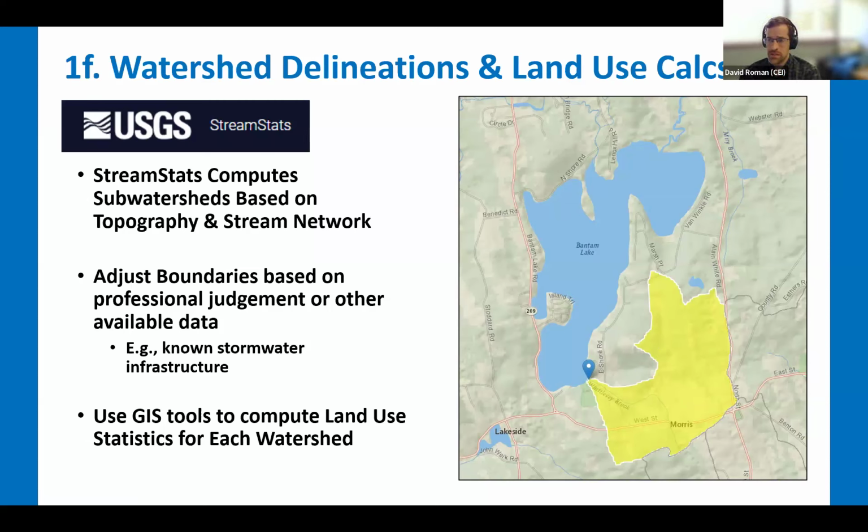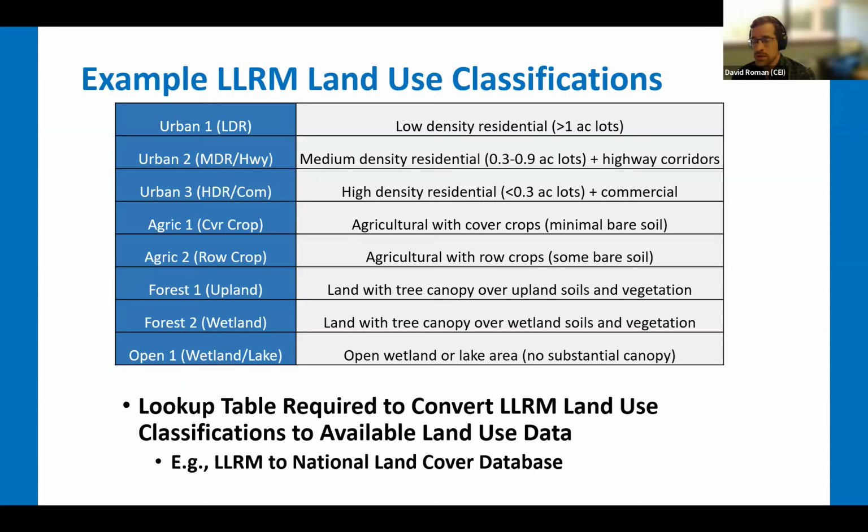So it usually does require some kind of a lookup table to convert whatever land use data set you're using into these LLRM classifications. So like one example is, we oftentimes use the National Land Cover database, which is available across the US. So it just requires a lookup table to say, okay, LLRM is calling this low density residential. How am I going to map that to the NLCD?